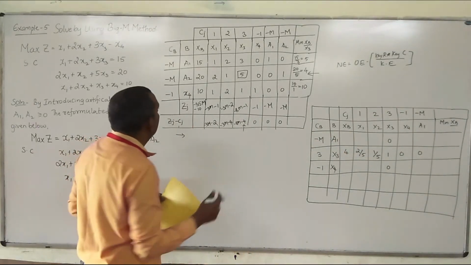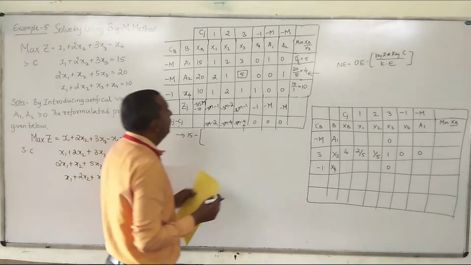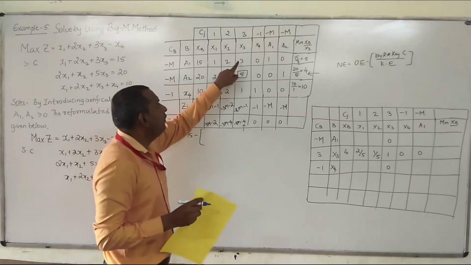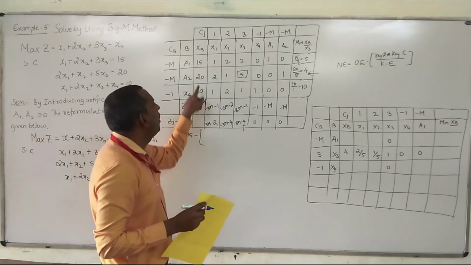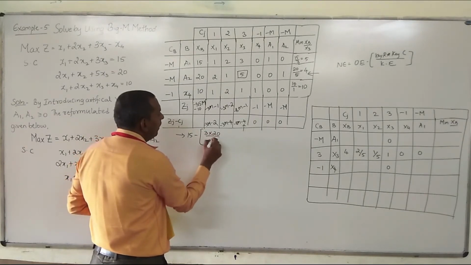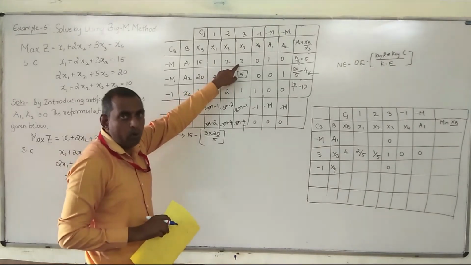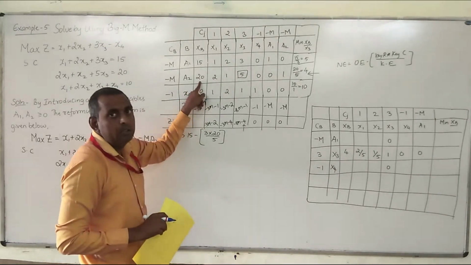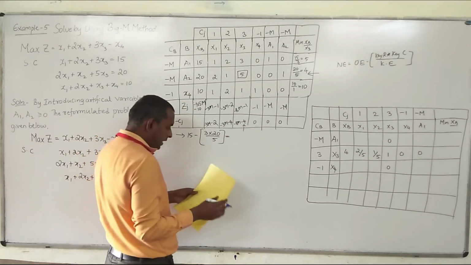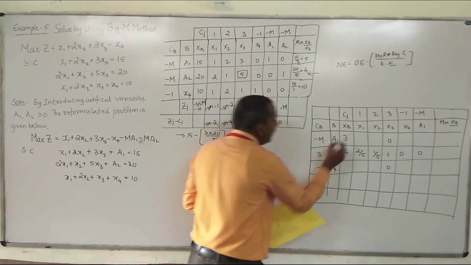What is the old element here? The old element is 15, minus the product of key row and key column, that is 3 into 20 divided by 5. Here 3 is the key row element and 20 is the key column element, divided by 5. The answer will be 3. So let me write 3 here.